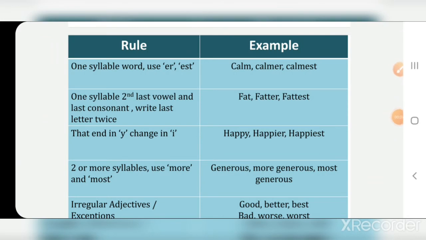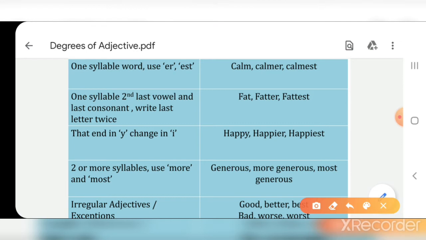Now let's learn rules of using er, est, more and most. Rule number 1. When there is a one syllable word, an adjective, then we use er and est. For example, calm, calmer, calmest. Cold, colder, coldest.